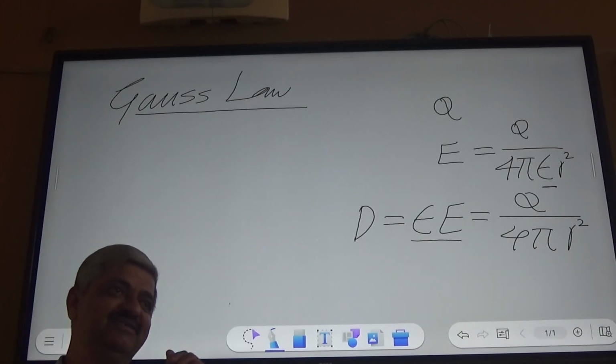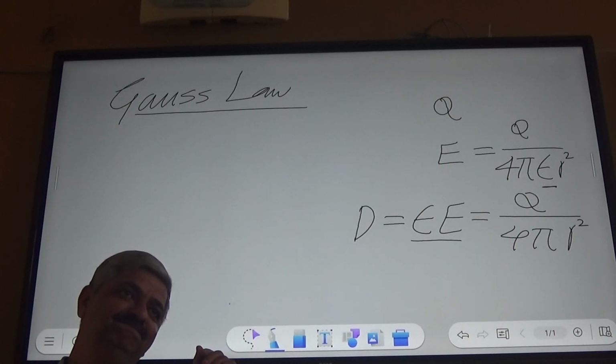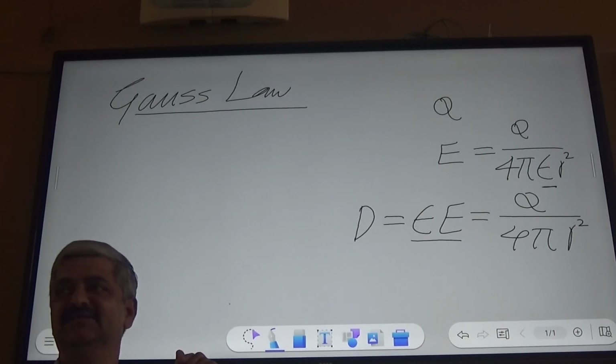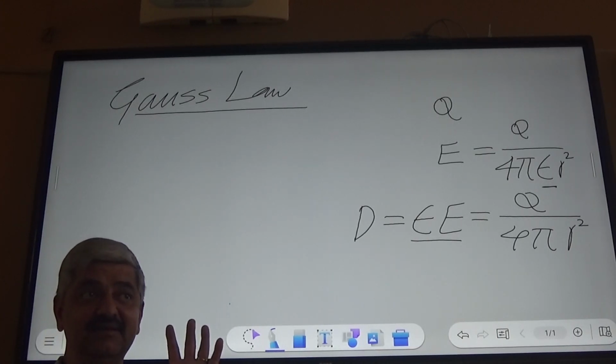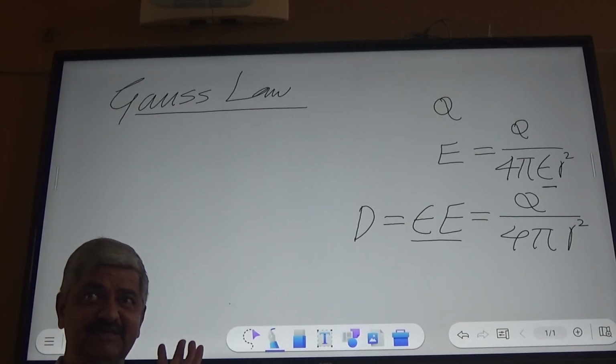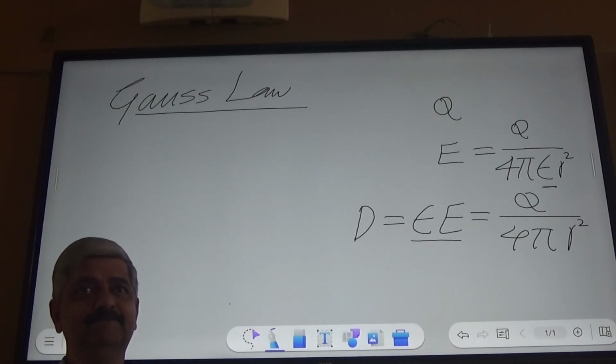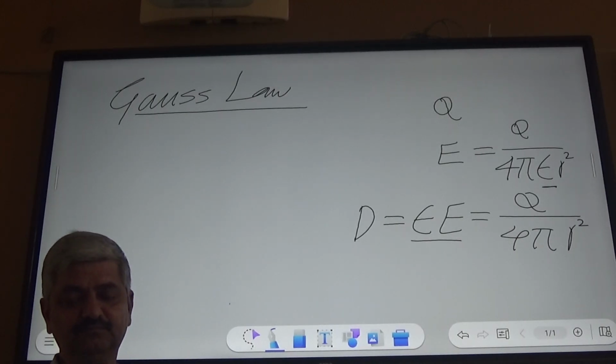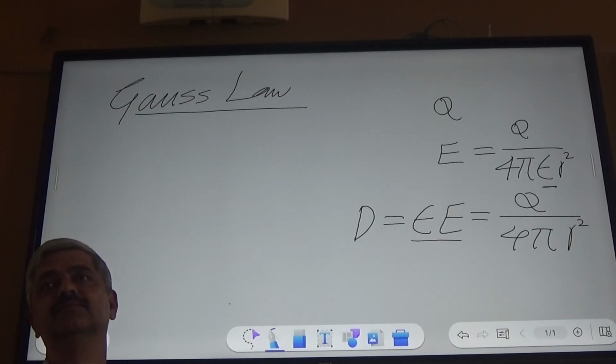Then what is surface? How do you define surface? What is line? Now what is surface?